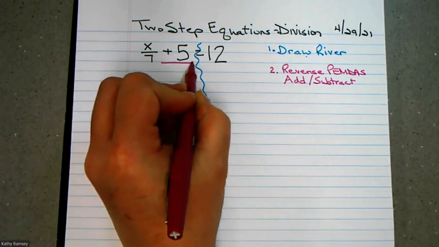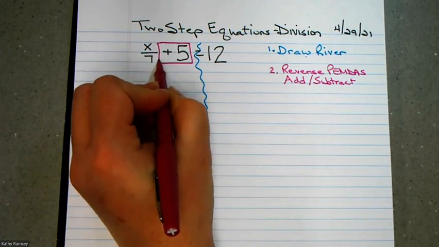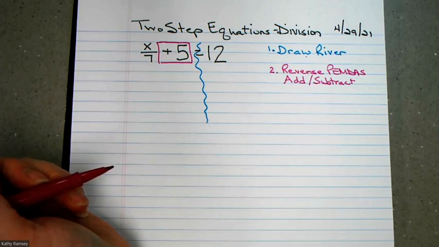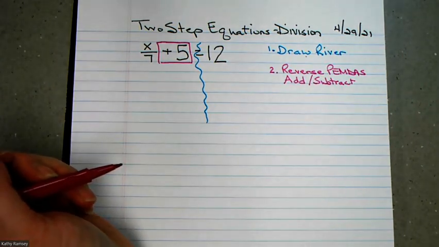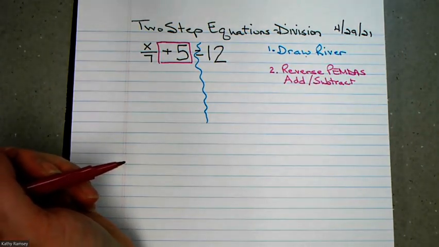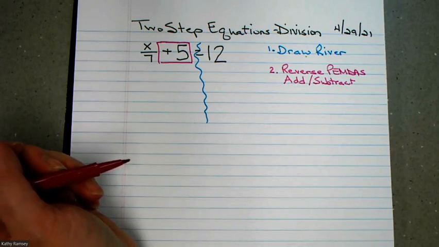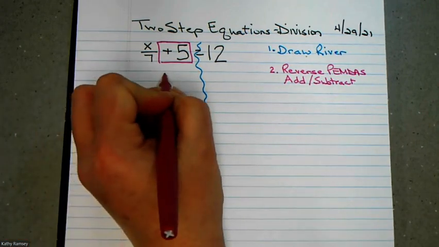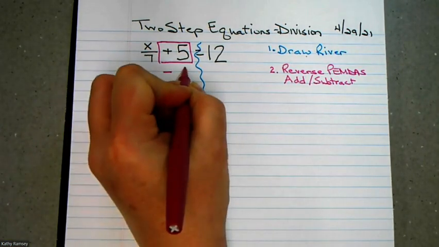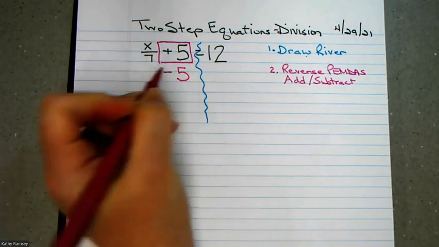So we need to get rid of this plus 5. The way we undo addition is through subtraction. So we're going to subtract 5.